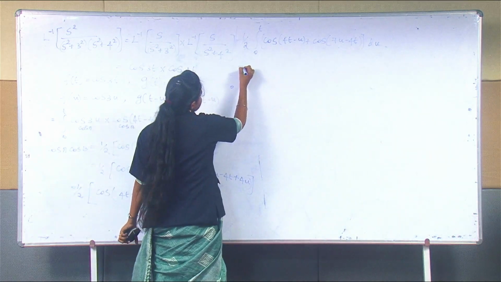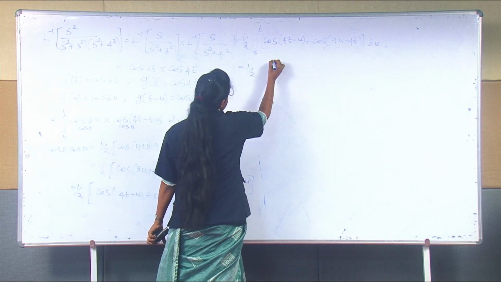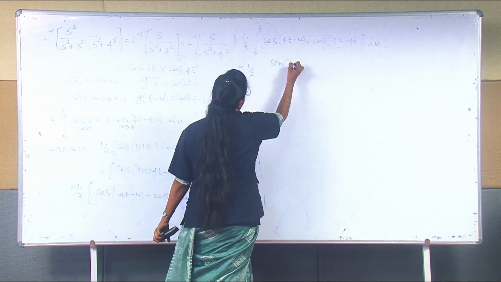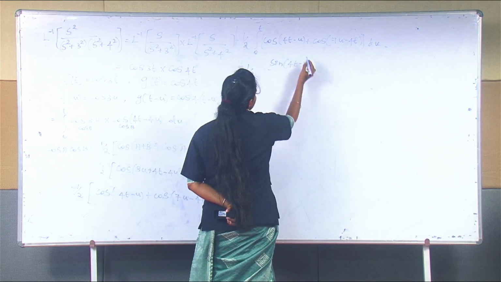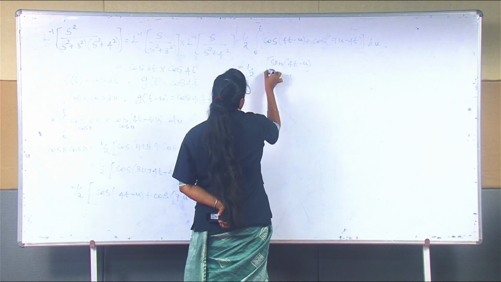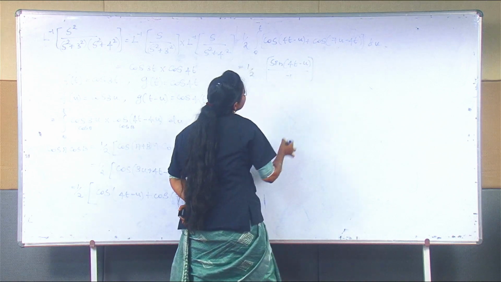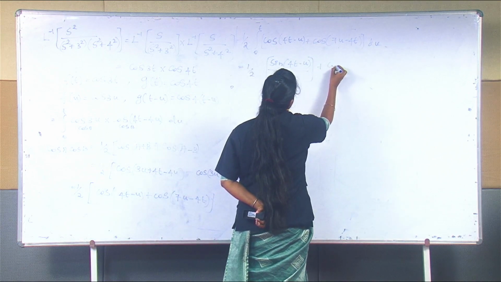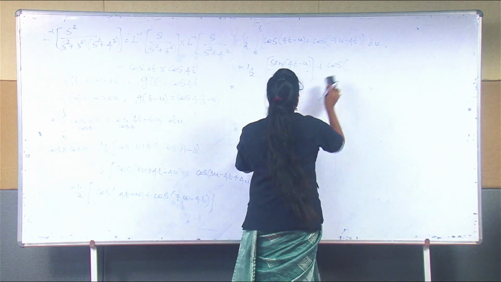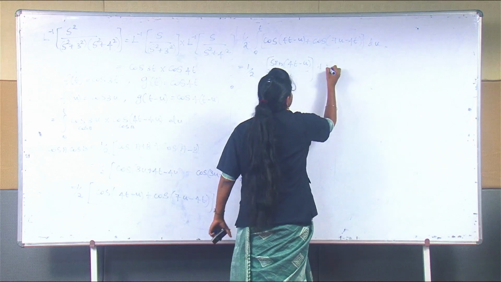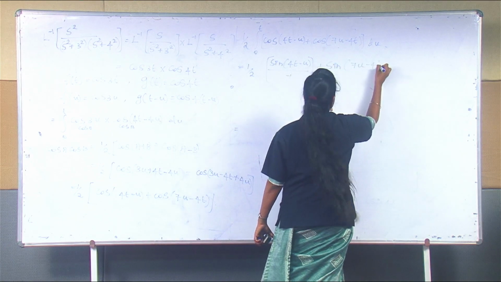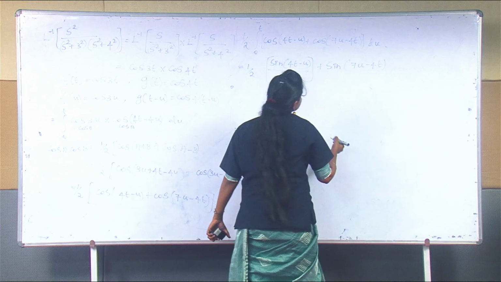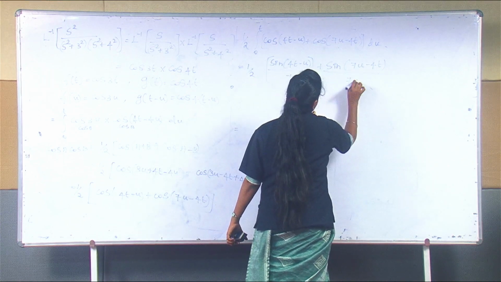Similarly, we can use the sine formula here. The integral gives sine of (4t minus u) divided by the constant minus 1. Next, plus, the integration of cos is sine, so sine of (7u minus 4t) divided by 7.